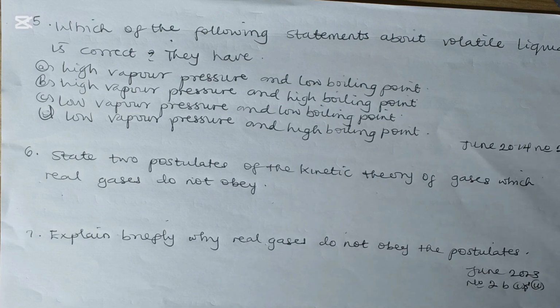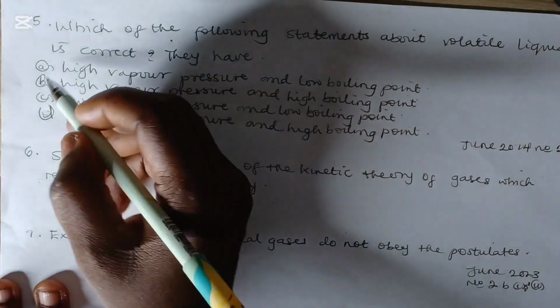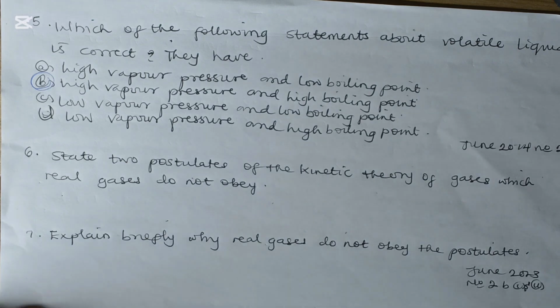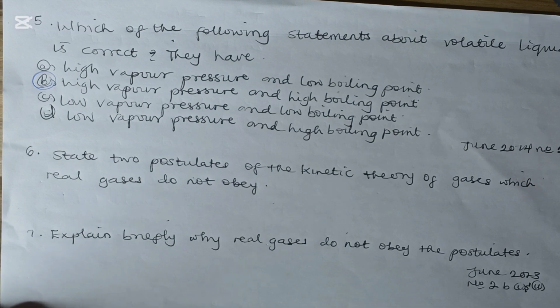And when they generate this high vapor pressure, they begin to break through and they escape. This high vapor pressure is brought about by an increase in temperature, which makes the particles escape into the atmosphere. That is the best option here, option B.